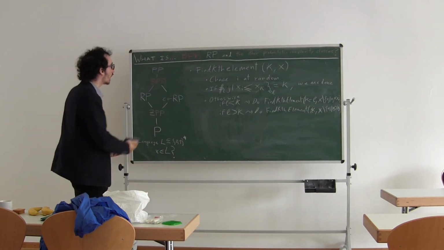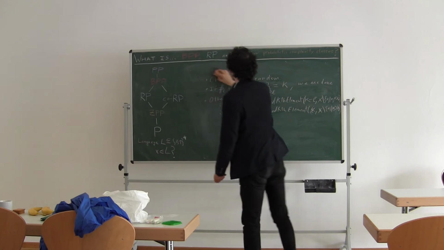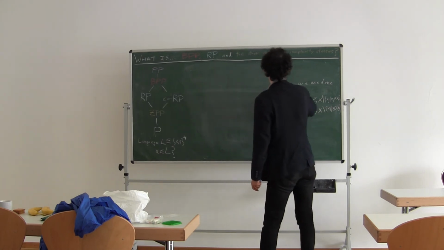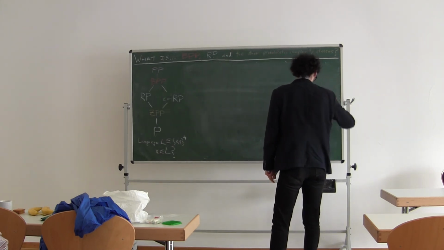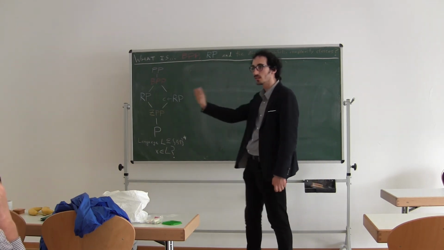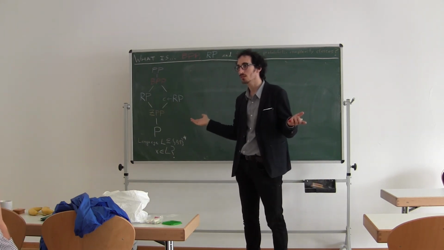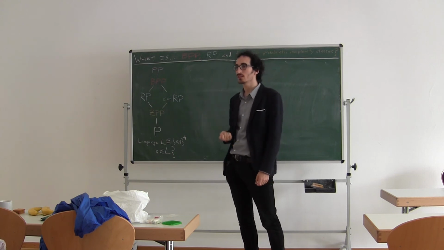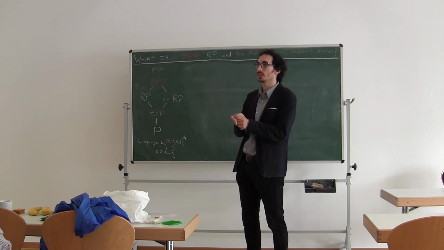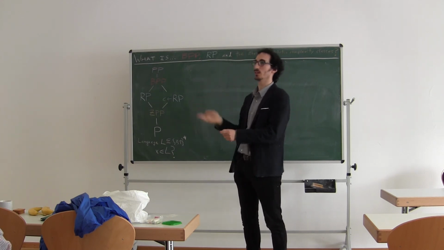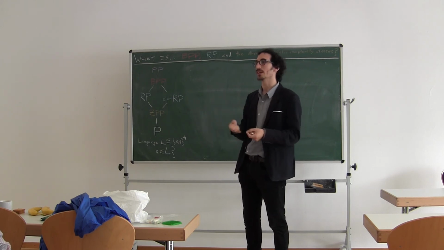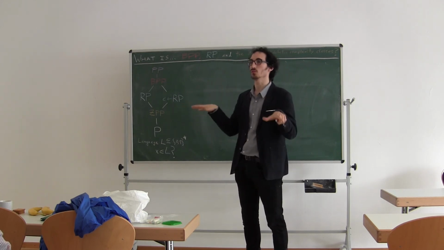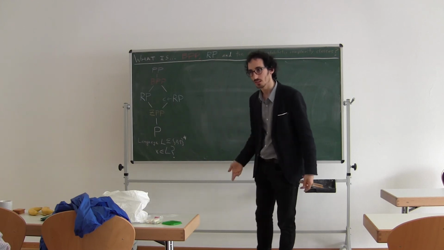A variant of this algorithm can be used for sorting, where you essentially do the same strategy. So essentially you want to sort a sequence of numbers. So what you do is you pick an element at random, then you divide the set between elements that are bigger and elements that are smaller, and then you apply the algorithm again to each one of the subsets. And then you do this iteratively.